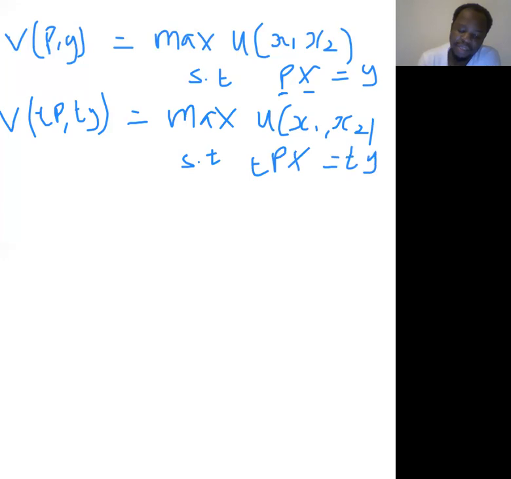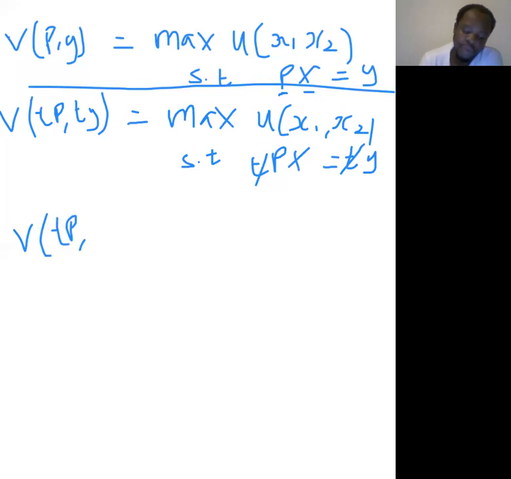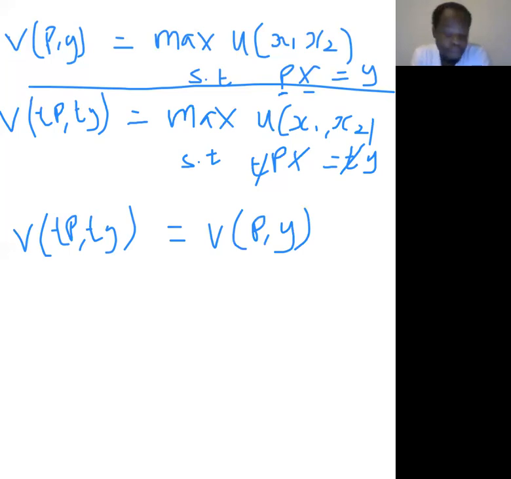Now this one will cancel this again. It's okay. So that means we still have the first equation back. So that we can say that V of TP, TY is equal to V of P, Y, right? So what it means is that by changing our prices and income by the same proportion, which is T, it didn't change our maximum utility.